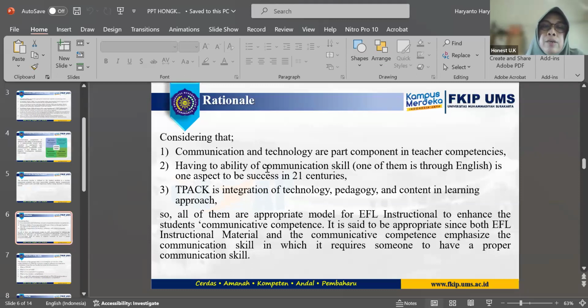So these three of them are an appropriate model for EFL instructional material to enhance the students' communicative competence. It is said to be appropriate since EFL instructional material and communicative competence, besides communication skill, require someone to have a proper communication skill.